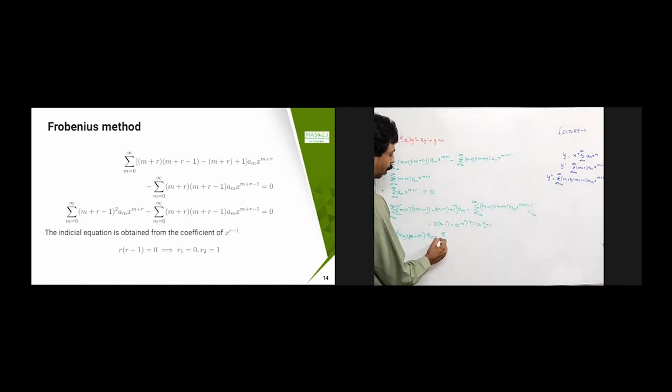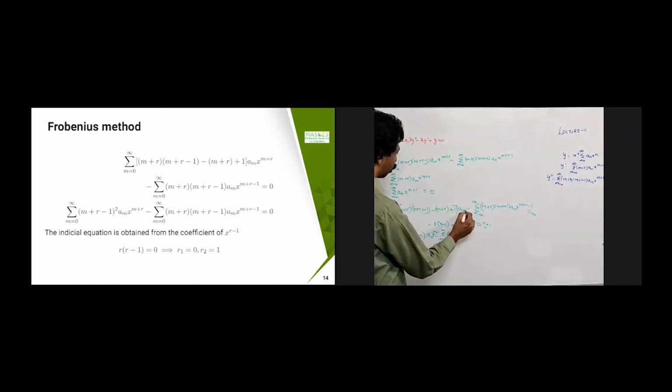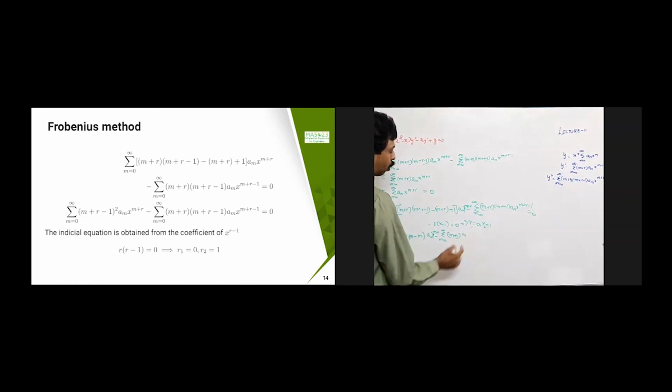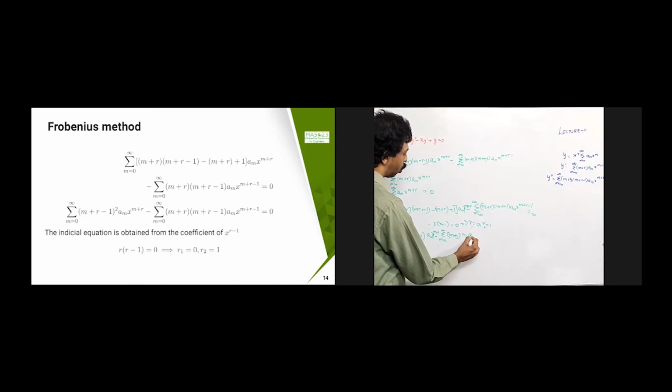Minus summation m equal to 0 to infinity (m plus 1) into m. Since r equal to 1, it is going to get cancelled. So here it is going to become x power m plus 1, and here also x power m plus r is there, therefore x power m plus 1 is there. So here it is going to become (m plus 1) into m into am into x power m.